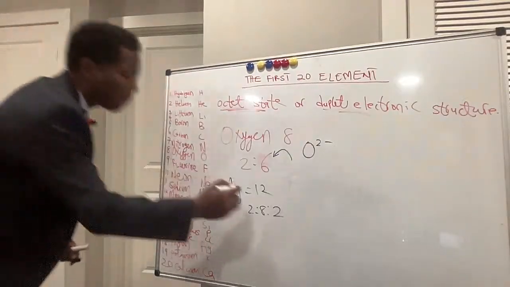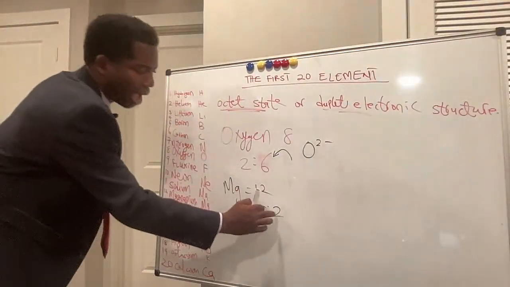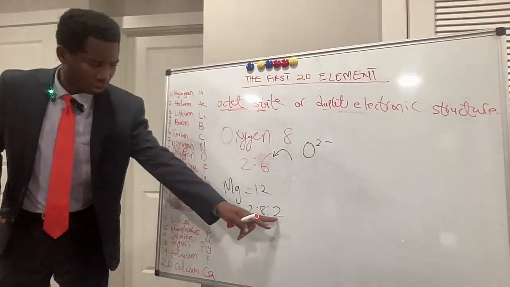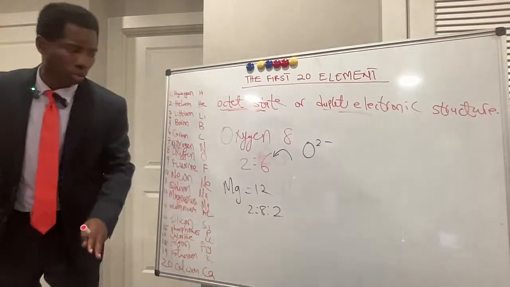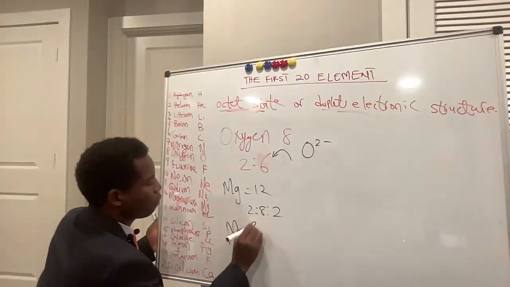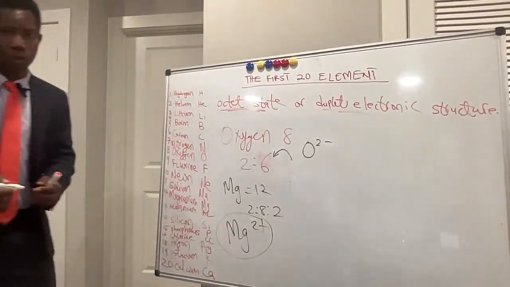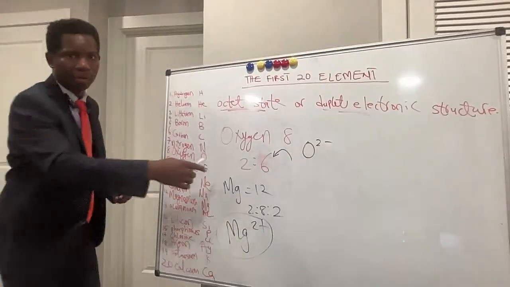So the outer shell of magnesium has 2 electrons. Magnesium will do away with these 2 electrons, and it will now be positive. That is why you see Mg2+. In most cases, you see Mg2+.